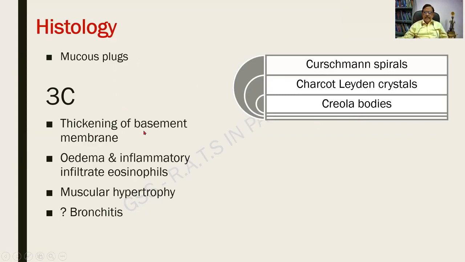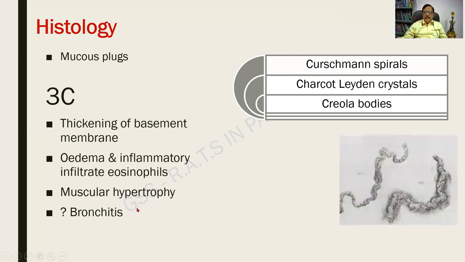Apart from that, histologically, there is a thickening of the basement membrane, edema, inflammatory infiltrate, mainly eosinophils, because it is an allergic reaction, and repeated contraction can lead to muscular thickening or hypertrophy. Sometimes a patient can have an attack of asthmatic bronchitis. So this is the histology.